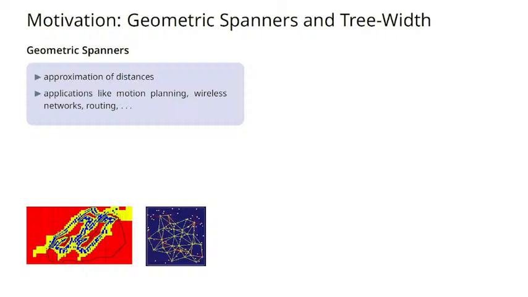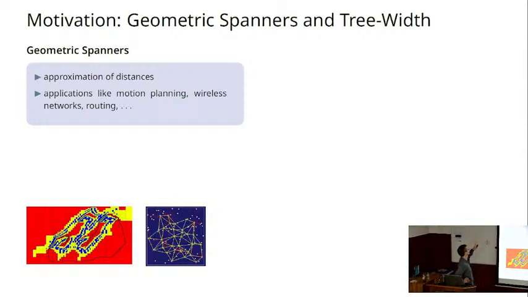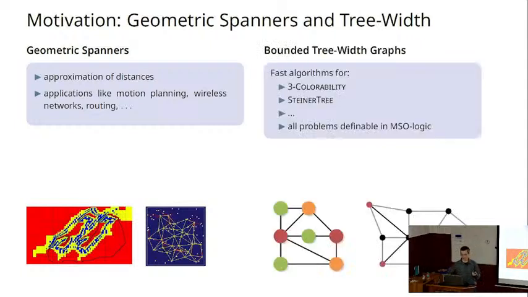Okay, so why would we want to have spanners of bounded tree widths? In the previous talk, we saw lots more applications of geometric spanners, but here I have only listed a few. If you have a graph in this context, you might want to do further computations on that graph.